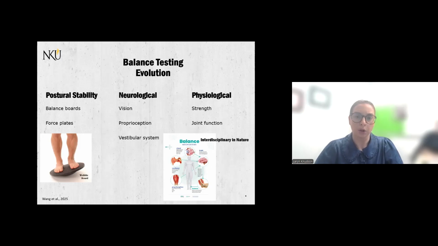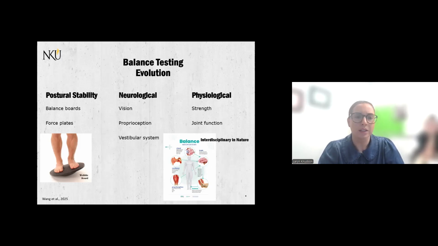Vestibular, looking at the balance specifically to see if the vestibular system is impacted by a previous neurological disorder. And then physiological, looking at the individual from a musculoskeletal standpoint, their strength and joint function.